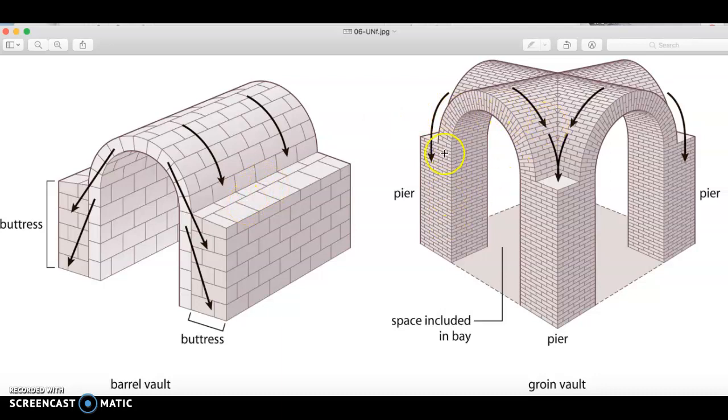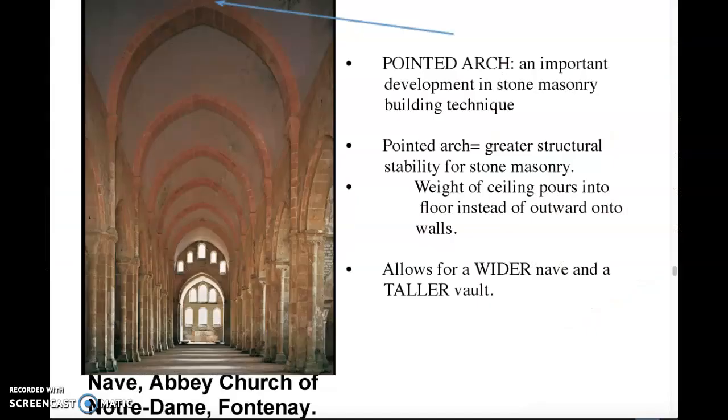So they're saying that with the groin vault, the intersecting barrel vaults, that helps the thrust to go down through the pier, channeling directly to the floor, which means less thrust going out, risking a collapsing of the wall.